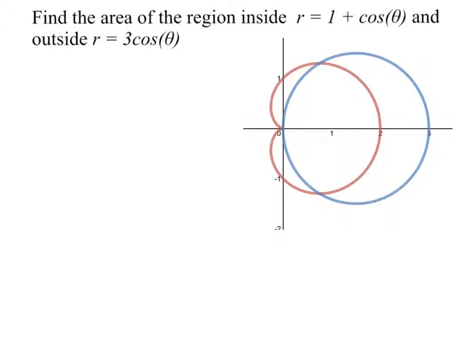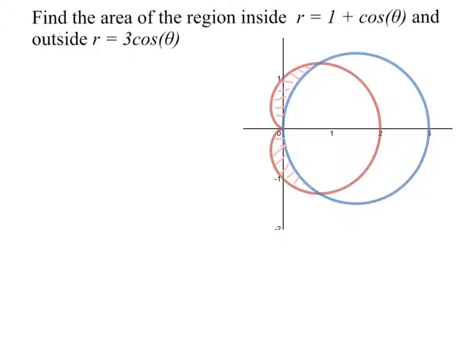Now, the area inside of the dimpled limacon and outside the circle. So the area that we're talking about is, if I could kind of shade it lightly, inside is here, like that. And that's the area we're talking about.